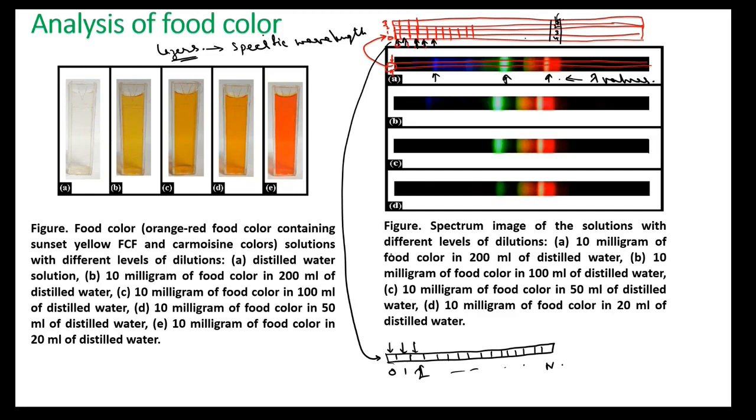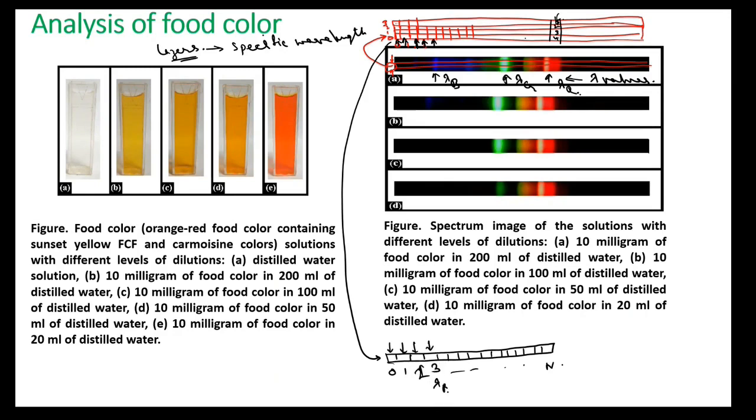So using the same thing, you can find out the position of the specific laser, say lambda blue, lambda green, and lambda red. Say for example, lambda blue comes at the third position.